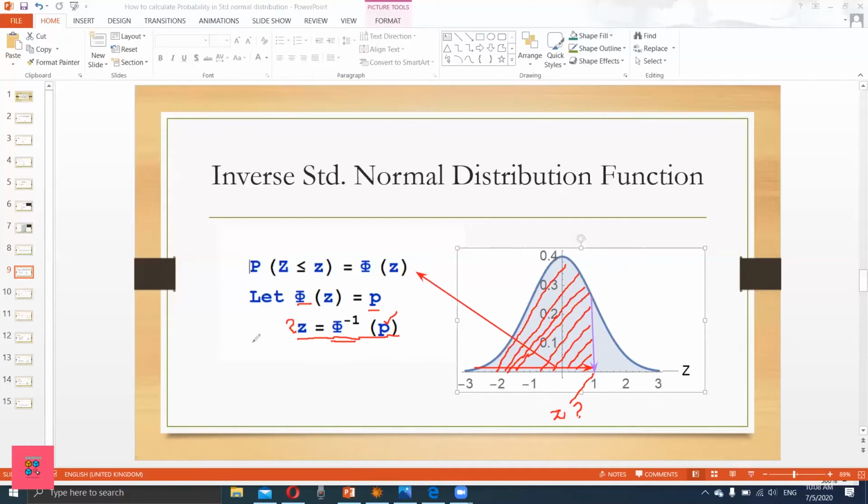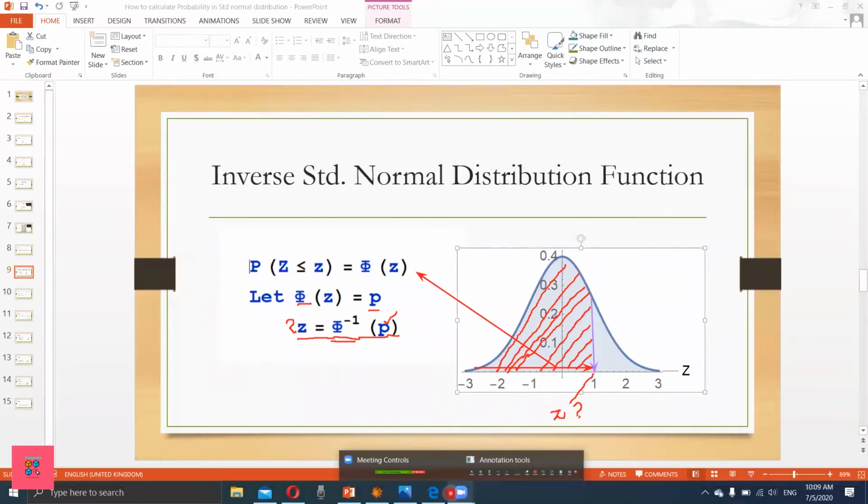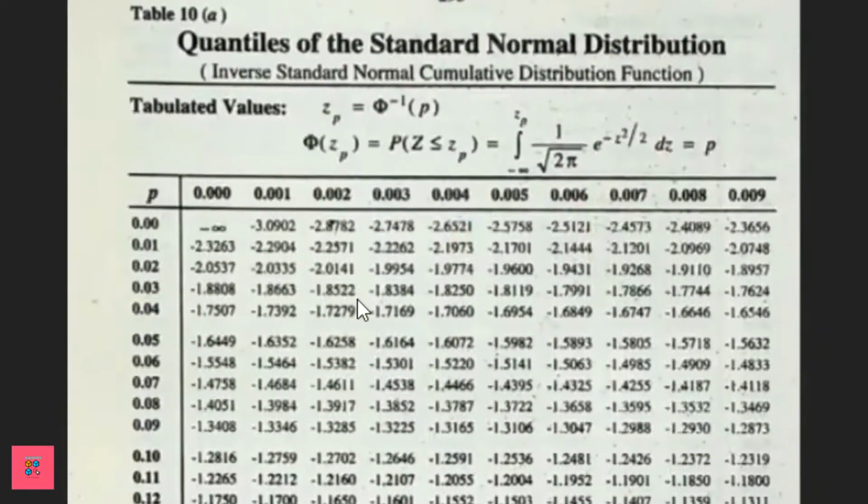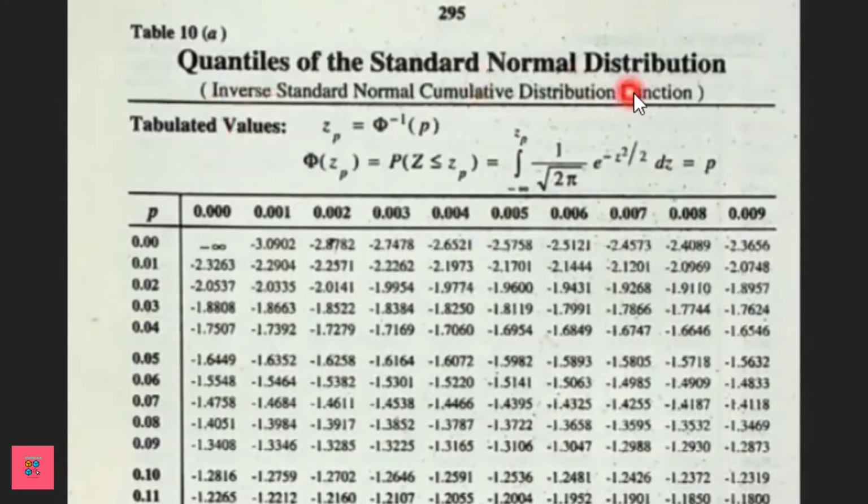Okay, so this is the table which we would use inversely. This is actually the table of quantiles of the standard normal distribution, this is the title of the table, and it's table 10A, page number 295. So we will search our probabilities here, because you can see that probability is given here.